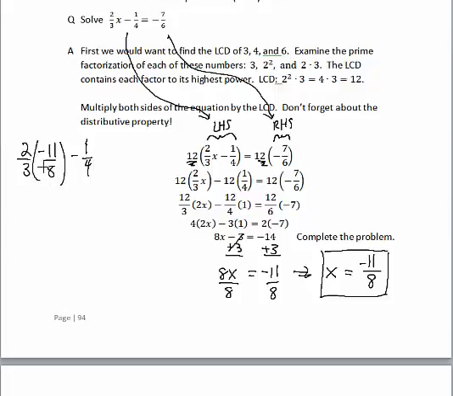Now we calculate this. 2 and 8 would cancel because we're multiplying, so we can cross cancel. We would have a negative 11, 1 times negative 11, and then a 3 times 4 on the bottom, 12 for our denominator. So negative 11 minus 1/4.